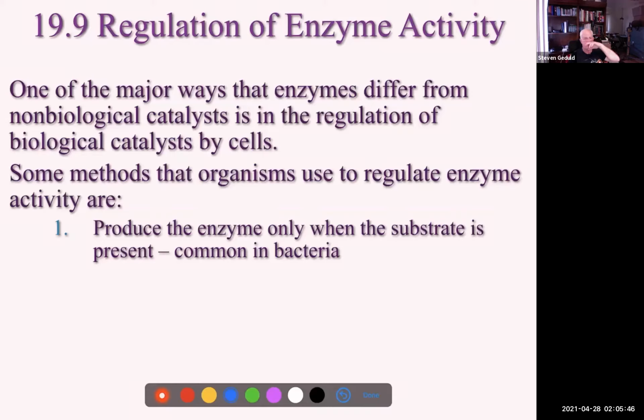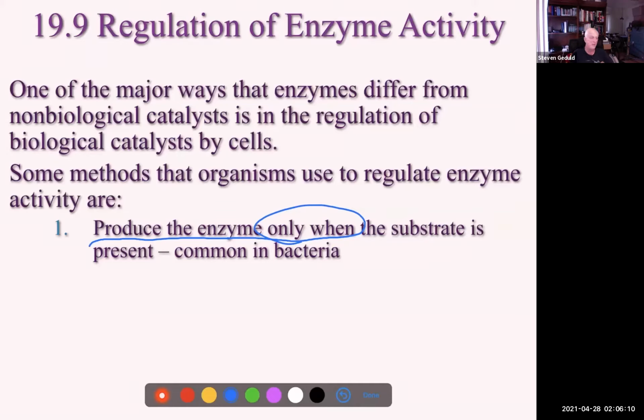If the body's hypoglycemic, out of sugar, the body produces glucagon, which breaks down triglycerides and fats and puts sugar back in the blood. Okay? We have to have both ways to regulate things. We can't just turn something on and let it run wild. Okay? It doesn't work that way. So one of the ways you can regulate is to produce the enzyme only when we need it.